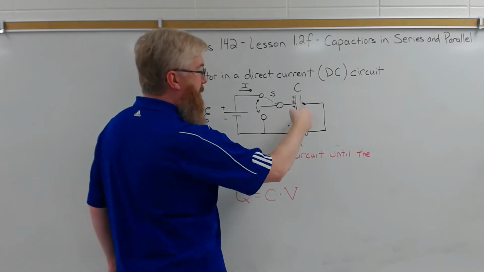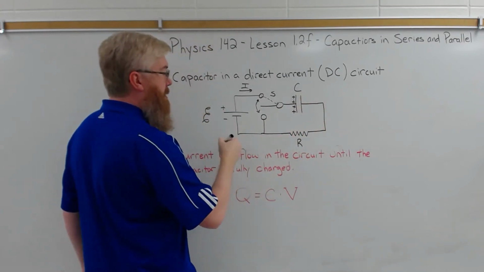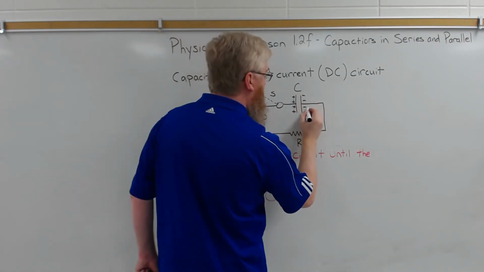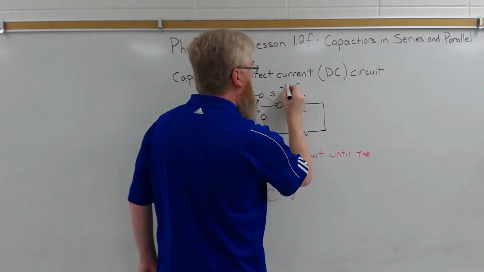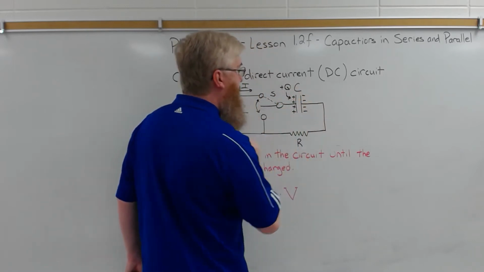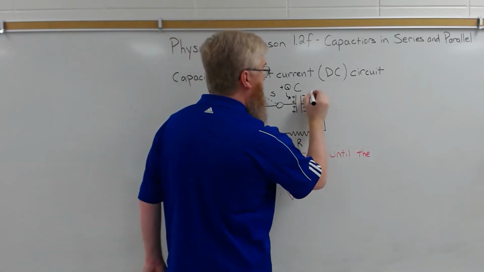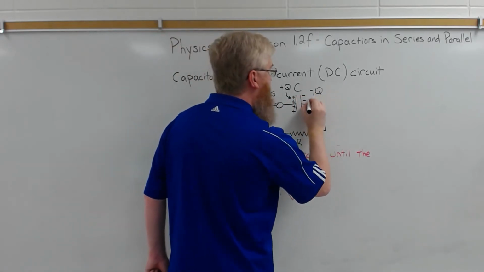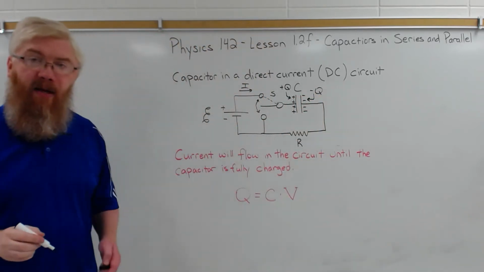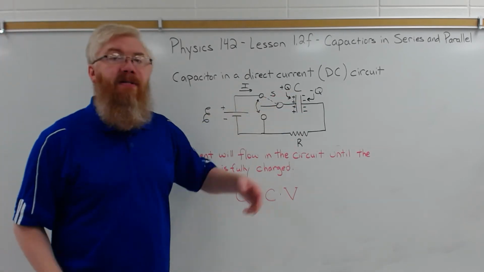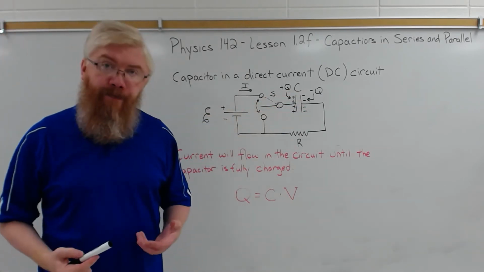The right side of the capacitor is connected to the negative terminal of the battery, so you get a negative charge, until a total charge of plus Q shows up on the left side of the capacitor, and a total charge of minus Q shows up on the right-hand side. When that happens, the capacitor is charged.